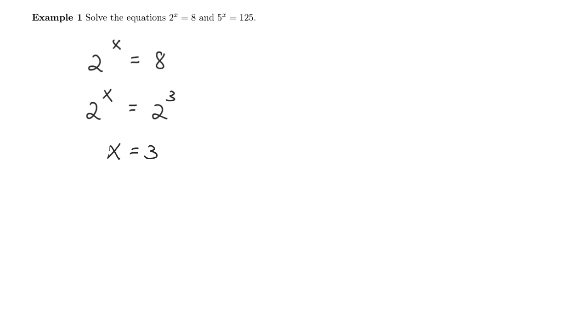Now, to try this out for my other example of 5 to the x is equal to 125, again, the idea is, can you take 125 and write that in a way so it's 5 to a certain power? So it's not 1, it's not 2.